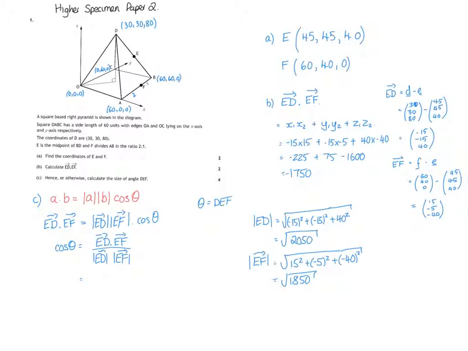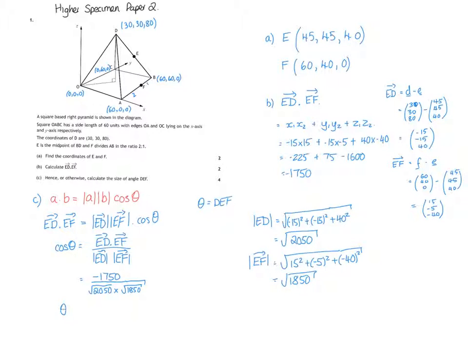So we can substitute in. So we get negative 1750 divided by the square root of 2050 times by the square root of 1850. So we're going to be putting this into our calculators.